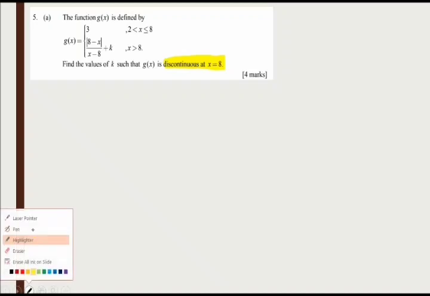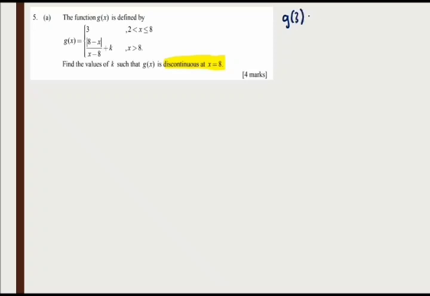So we understand that if it is continuous, the rule that we need to follow is g of 8 equals the limit of g(x) as x approaches 8.